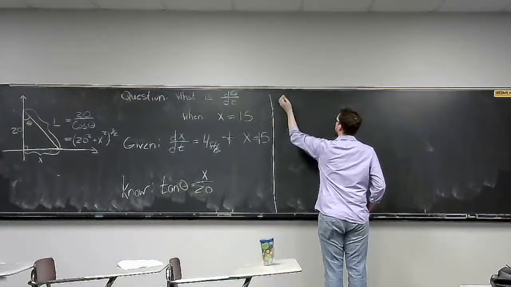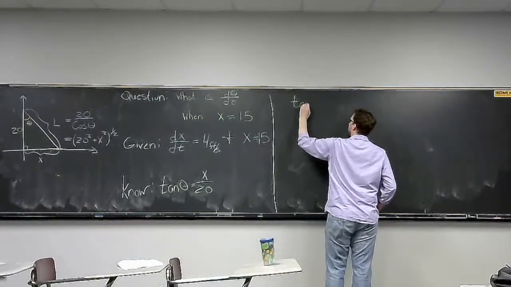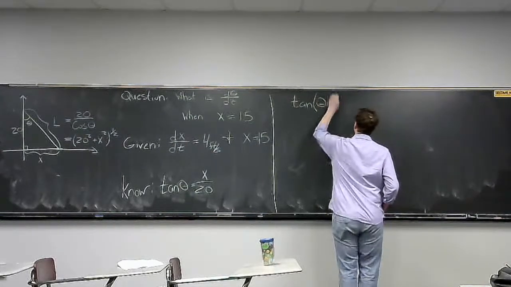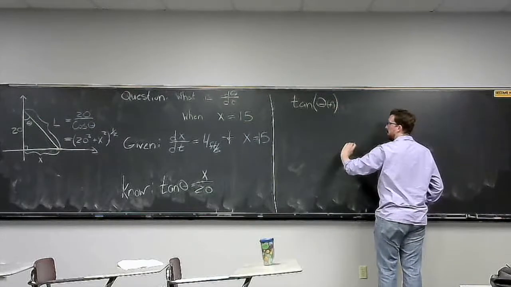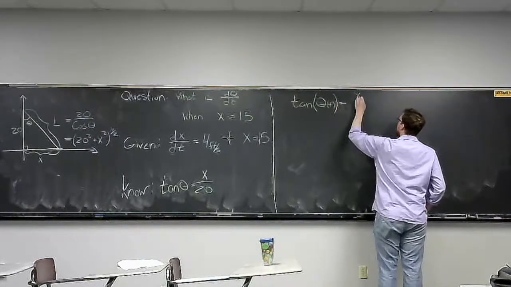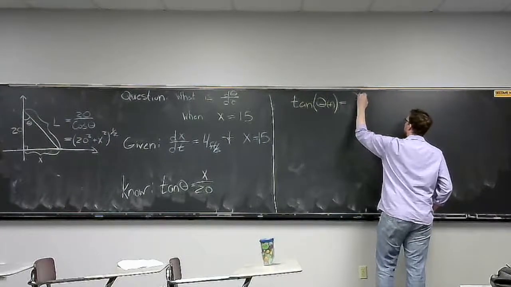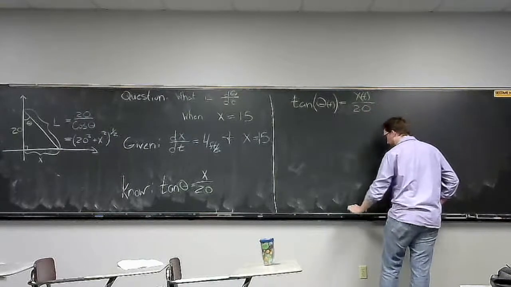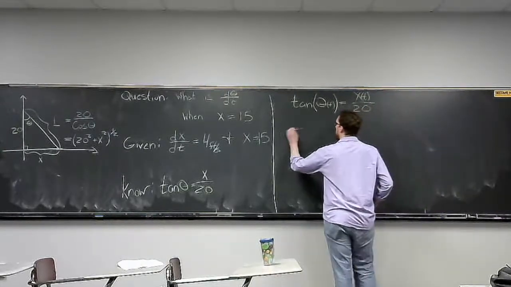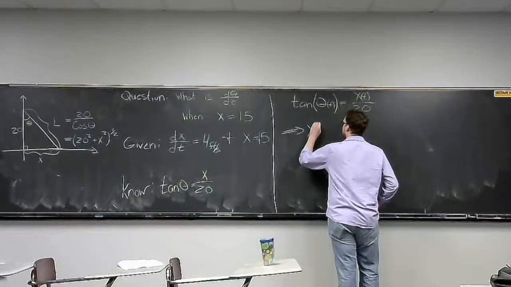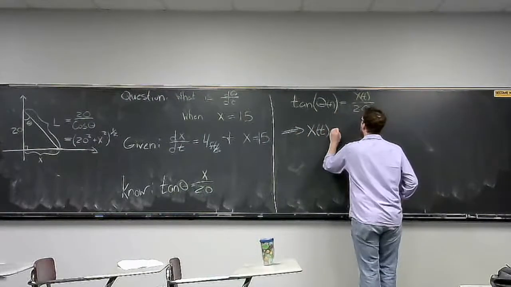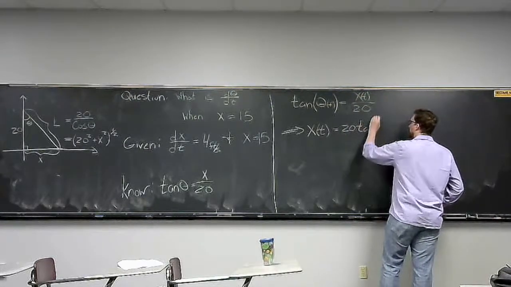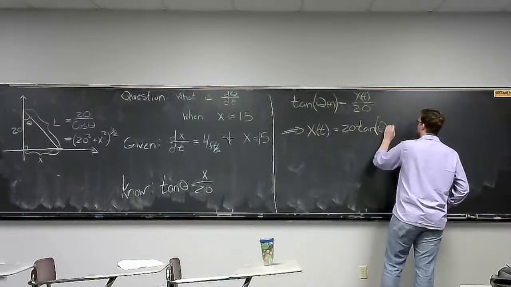So what I am saying is we can start off with the understanding that tangent of theta of t, so theta is a function of time, is equal to x of t, so x is a function of time, divided by 20. Rearranging everything, we get that x of t is equal to 20 times tangent of theta of t.